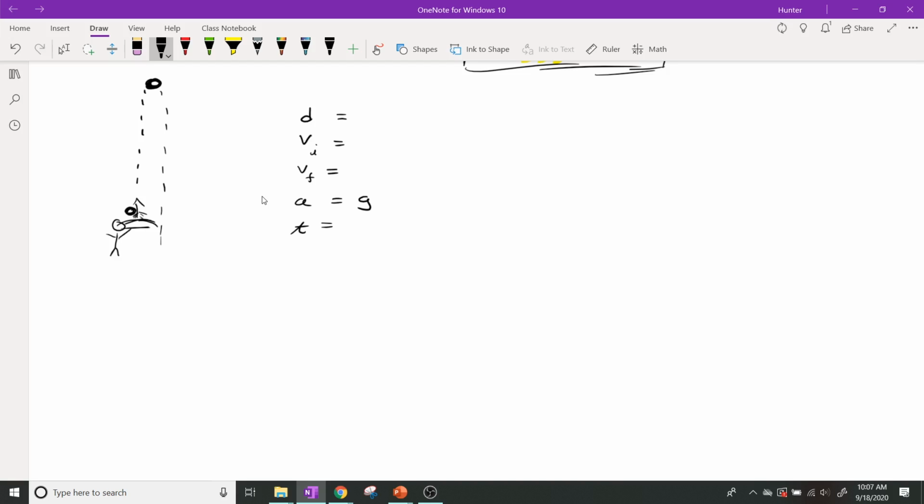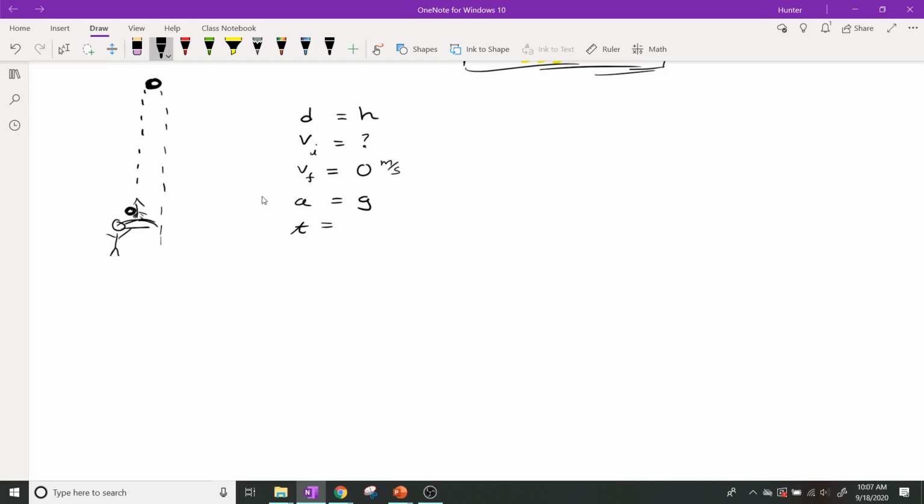When it reaches the top, VI is the speed? Okay, so we don't know it, right? What's the VF? 0. And what about the displacement? Let's call that H. That's what we're trying to solve for.